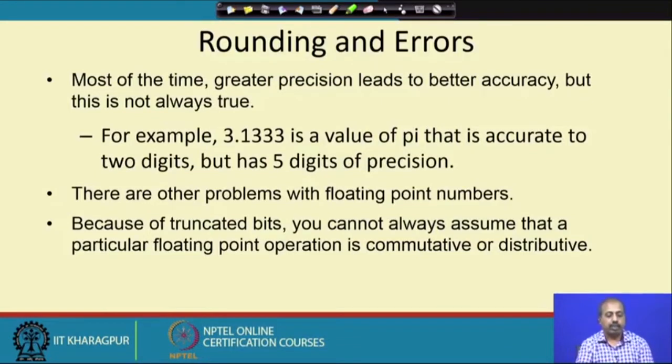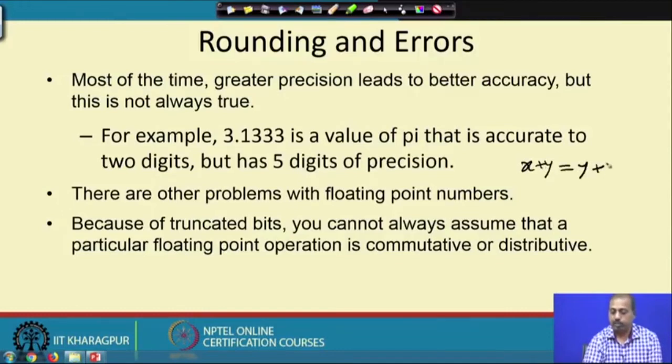So, there are other problems with floating point numbers also, because when you truncate the bits, you cannot always assume that a particular floating point operation is commutative or distributive. What we mean is, if I have an operation, say x plus y, this addition operation, in general x plus y is equal to y plus x.